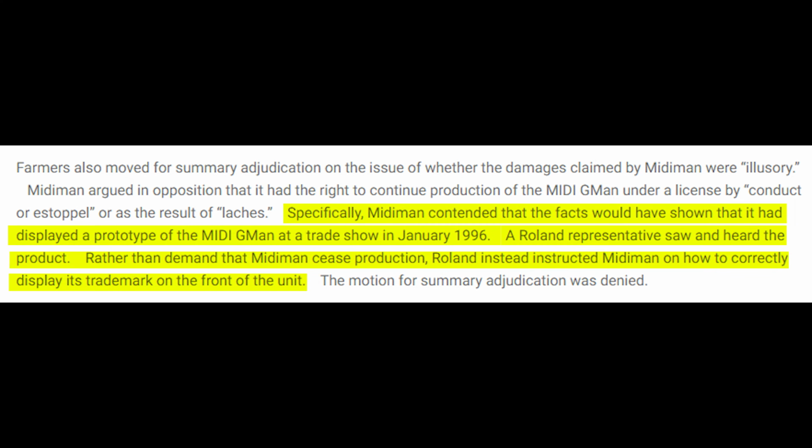Just a side note, when they're talking about issues like laches or estoppel here, what they're actually referring to is Roland knew about this and didn't do anything. And that's probably the weirdest part of this case. This device is controversial because Roland didn't want it produced, and yet they knew about it being produced and actually helped the people producing it. That makes no sense, but hey, that's business.